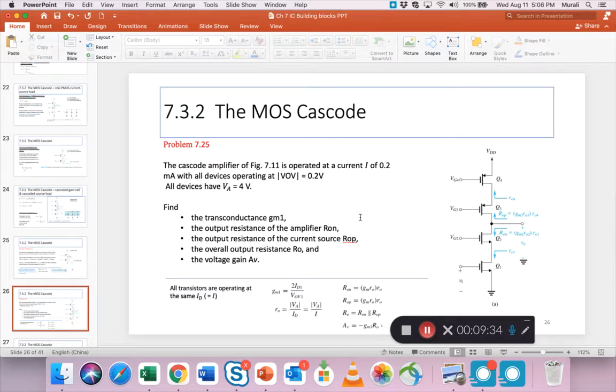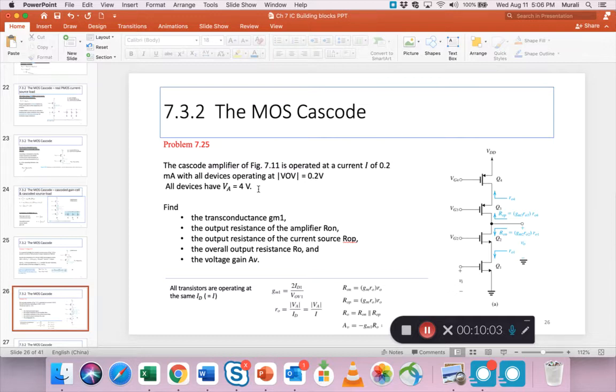7.25 has this cascode with 4 transistors, a full cascode. The basic gain cell and its cascode are both NPNs. The source load transistor and its cascode are both PNPs.